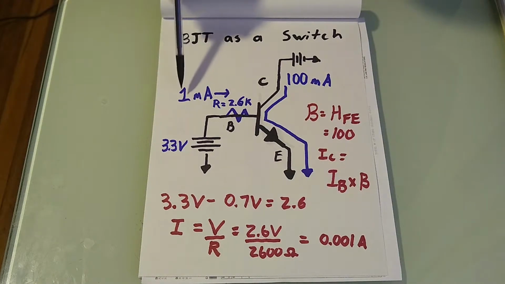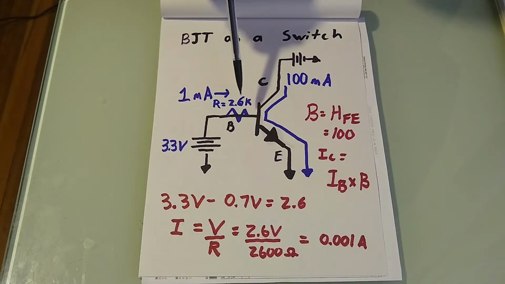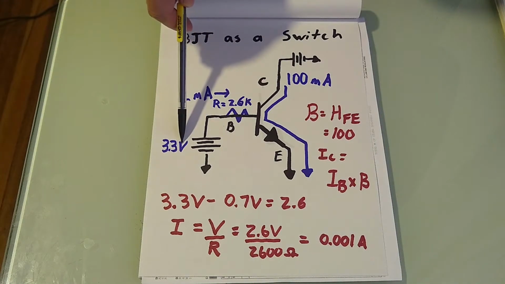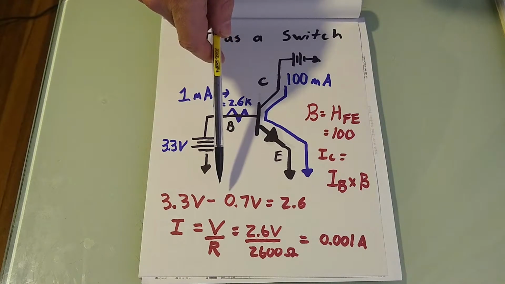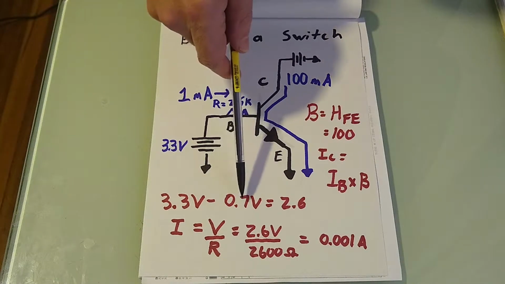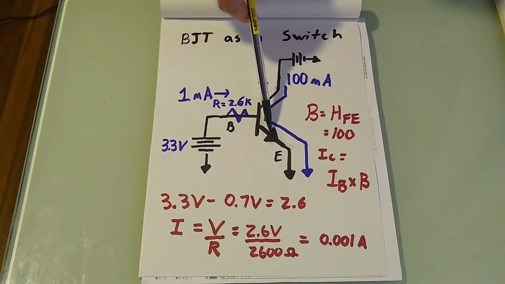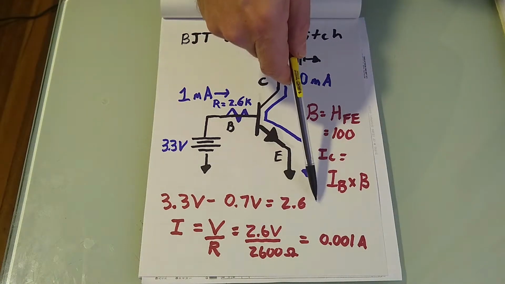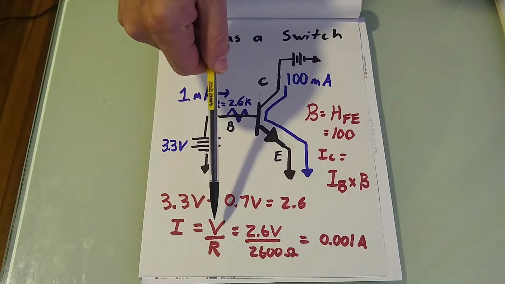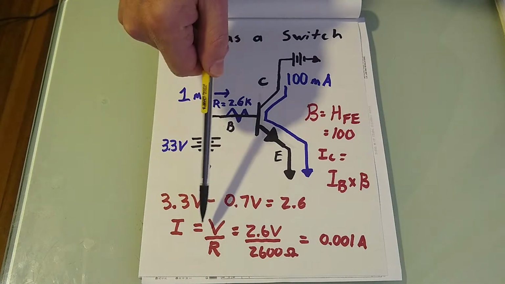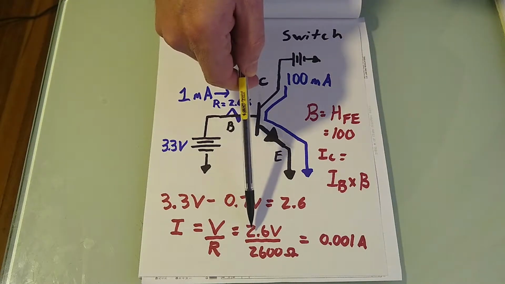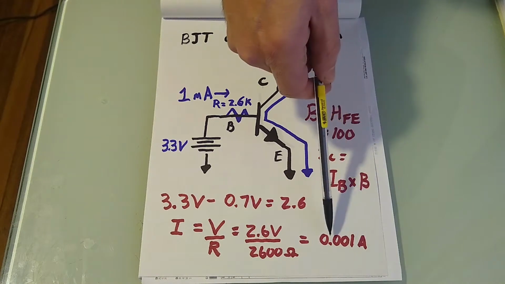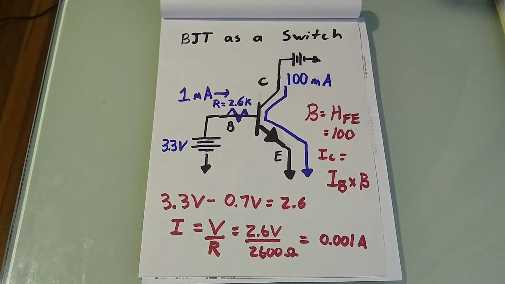First off, to calculate this 1 milliamp of current coming into the base, we just take 3.3 volts, our supply voltage, minus 0.7 volts forward voltage of the diode in the emitter. That'll give us 2.6 volts. Now, with V equals IR, Ohm's law, we can calculate 2.6 volts over 2600 ohms will give us 0.001 amps, or 1 milliamp.